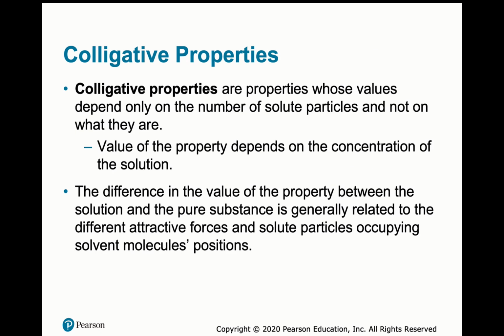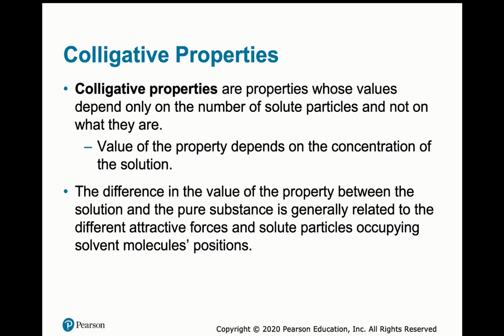So colligative properties. Colligative properties are properties that depend on the number of particles, and this affects the concentration of the particles in solution. So what I mean by the number, if you dissolve sugar, sugar is a molecule, that's one particle.